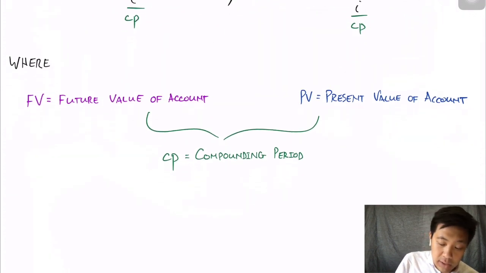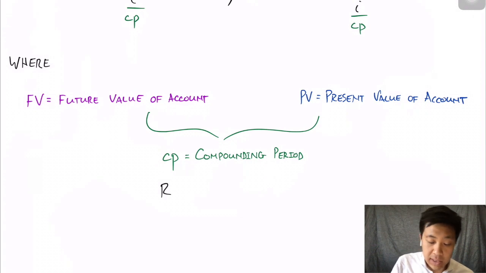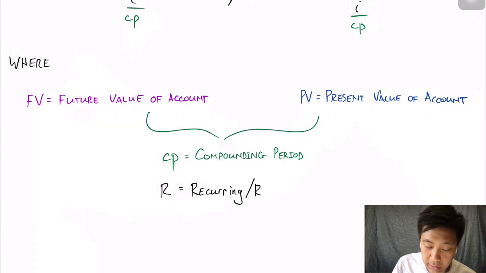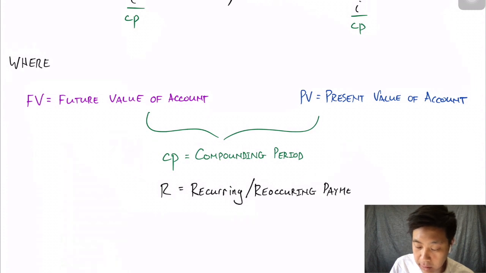R is new. The best way to think of this is R is for recurring, or reoccurring, whatever way you like to say it. Occurring payment or deposit. It's the same thing, right?